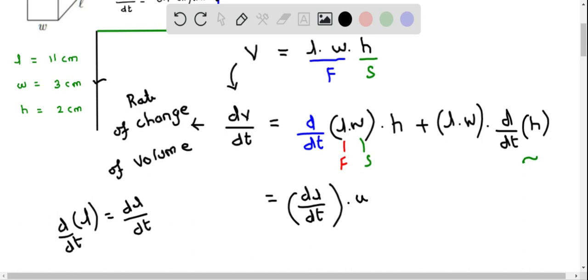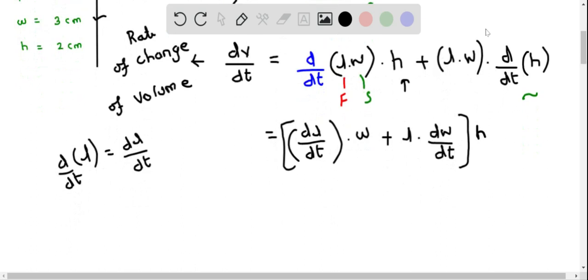The second is width here, plus we now put the first as it is. That is, the first is length times the derivative of the second. The second is W. So the derivative of W with respect to time, we write down as dW over dt. Notice that this is the derivative of LW, and this whole quantity has to be multiplied with the quantity H. So we can put a square bracket and put it as H.